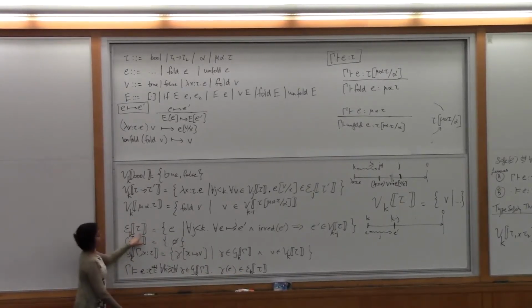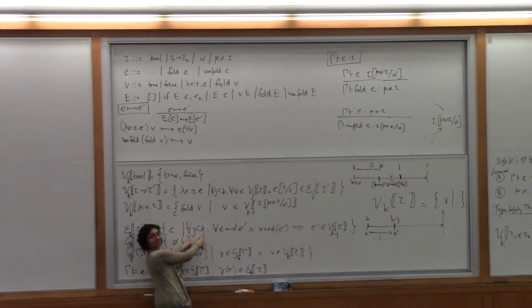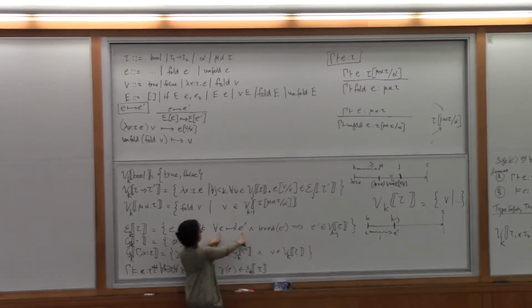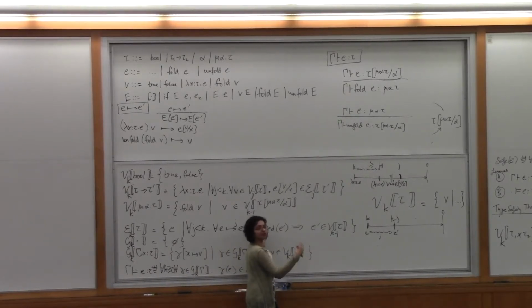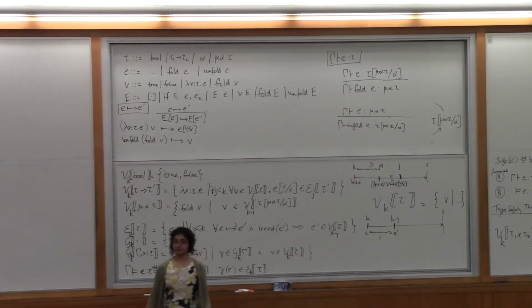When we get over here, we know that our E steps in n steps, but n has to be less than n plus 1. Now we're good. So we know that E steps to E prime in n steps, and we do the same argument as yesterday. Either it's reducible or it's not. If it's not irreducible, then of course it can take another step and we're done. If it is irreducible, then this lemma tells us that it belongs to the V relation and therefore it must be a value.